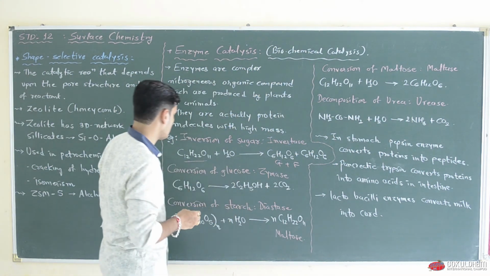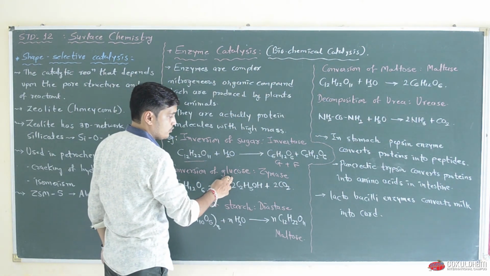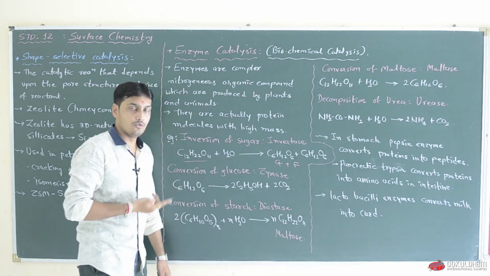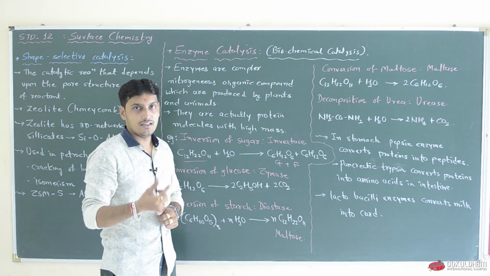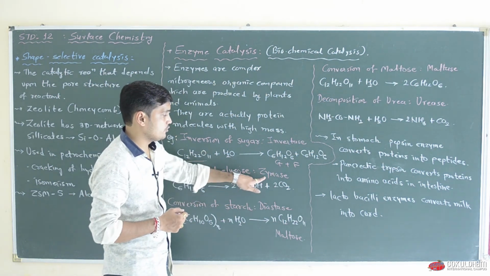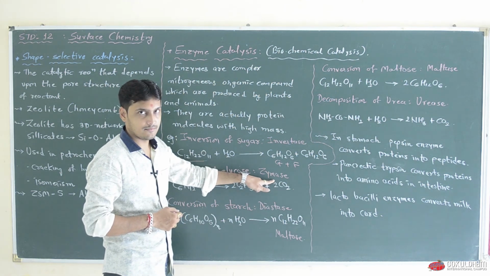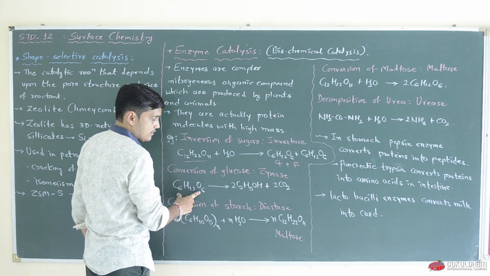Okay. Our second example is conversion of glucose into ethyl alcohol, or we can easily say ethanol. At that time the specific enzyme used is zymase. So C6H12O6, that is our glucose.